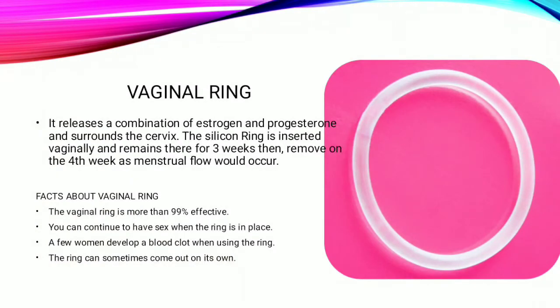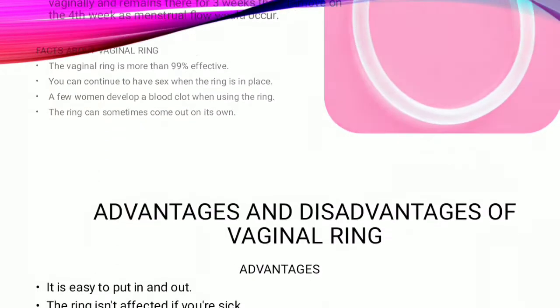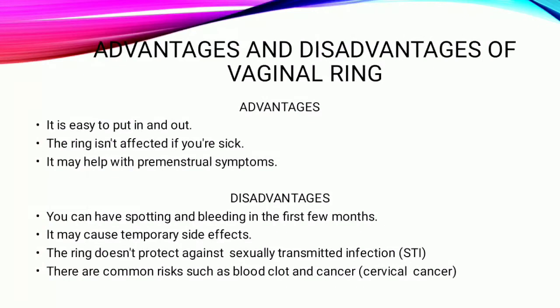So, vaginal ring also has these advantages and disadvantages. The advantages of vaginal ring are that it is easy to put in and take out. The ring isn't affected if you're sick. It may help with premenstrual symptoms.